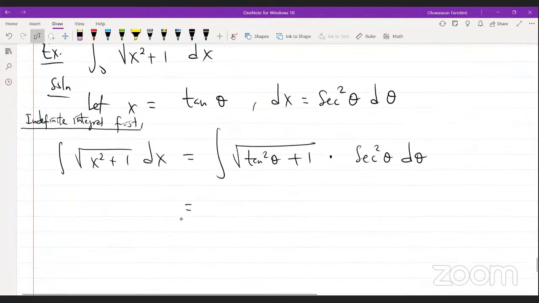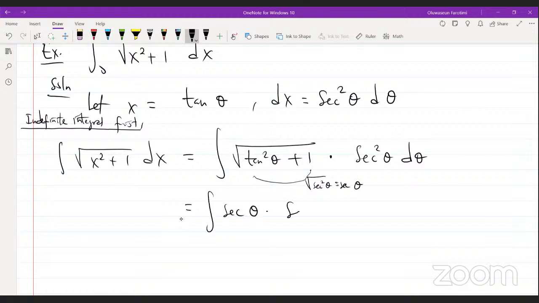All right, so let's see. What is this guy? Tan squared theta plus 1 gives us secant squared theta, right? Square root of secant squared of theta is just secant of theta, right? So you have a secant theta multiplied by secant squared of theta d theta.